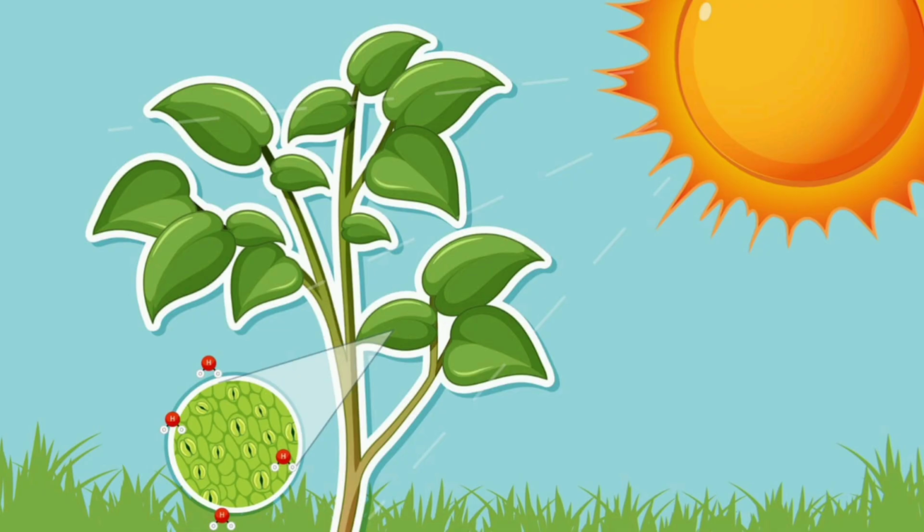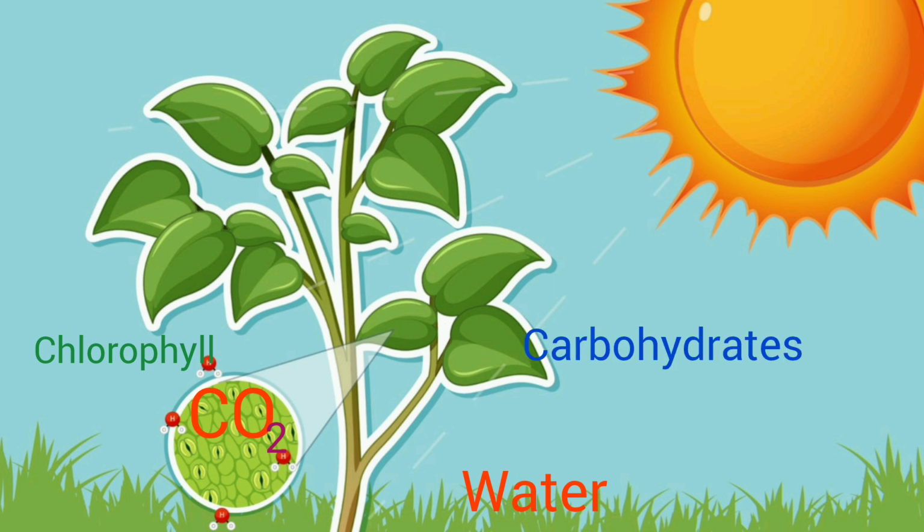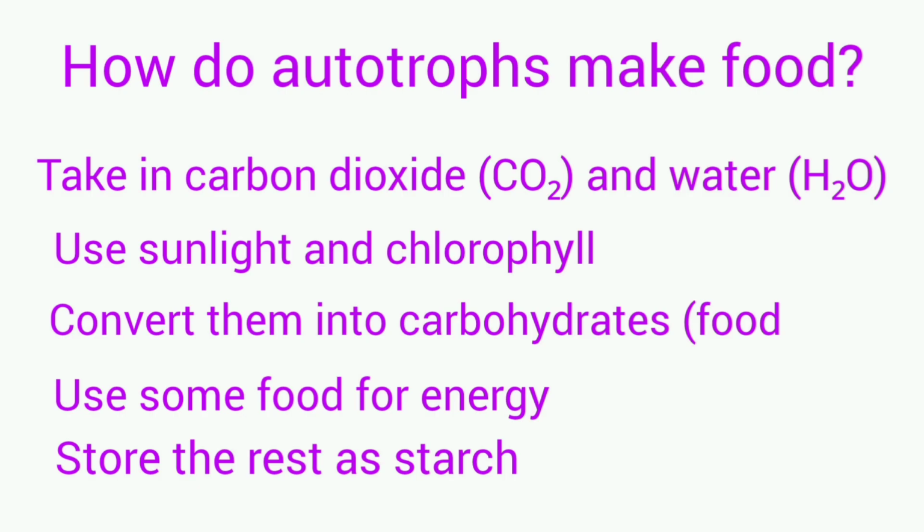In autotrophic nutrition, organisms like green plants take in simple substances from outside, that is mainly carbon dioxide from the air and water from the soil. Then inside their leaves, using sunlight and the green pigment chlorophyll, they convert these materials into food. This food is made in the form of carbohydrates, and these carbohydrates provide energy to the plant.